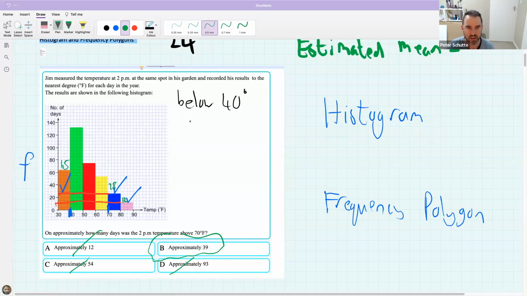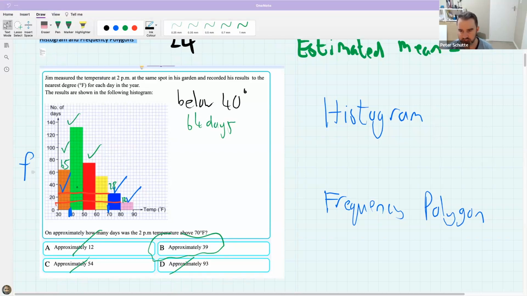We'll say it's 65, 64 days. And you can imagine that all of these frequencies have to total up to a whole year, which is 365. Okay. So a histogram is not very difficult, but it's good to get some practice.